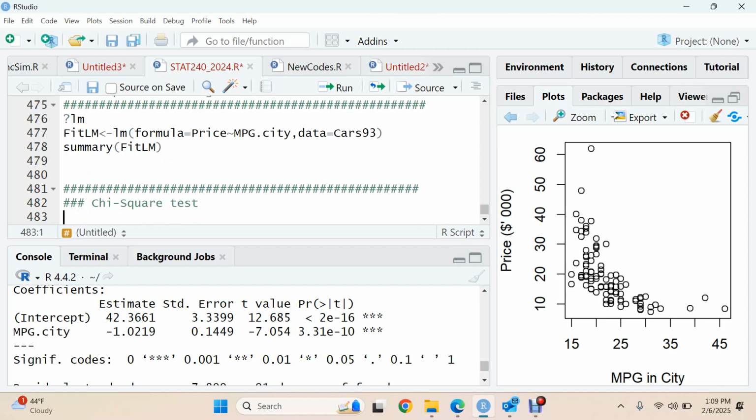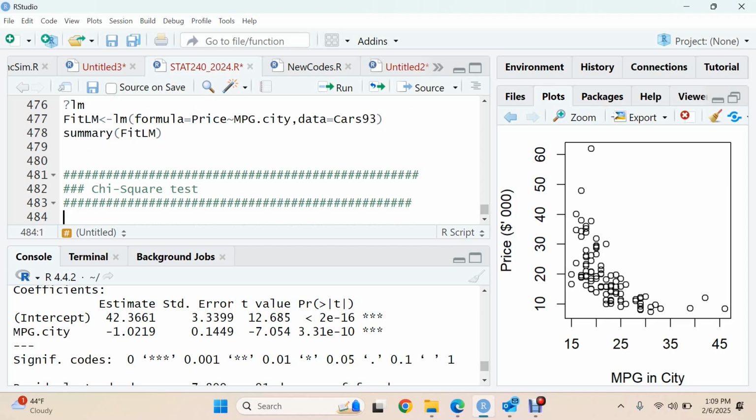We cannot do the goodness of fit. Okay, so let's look at the question mark for survey. Let's use the MASS package. Survey, MASS. Okay, the survey, it's okay.